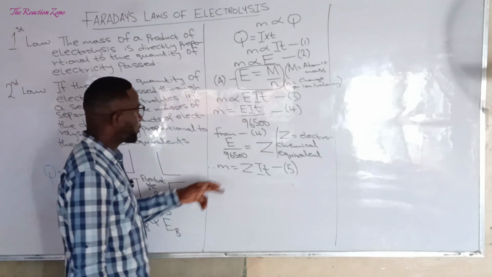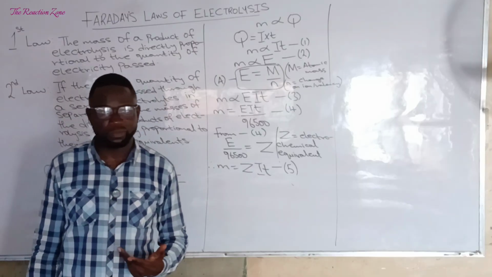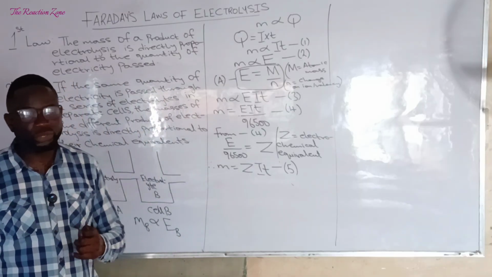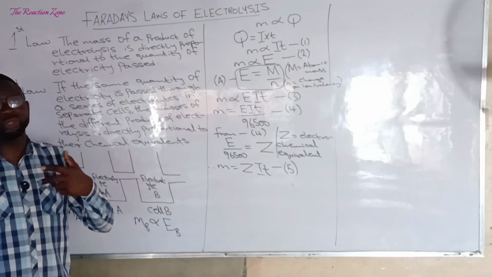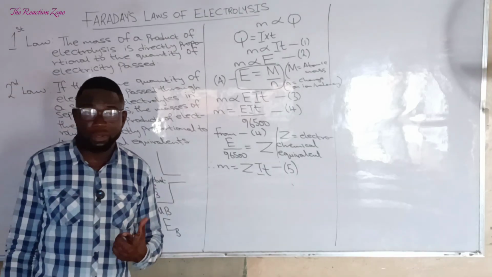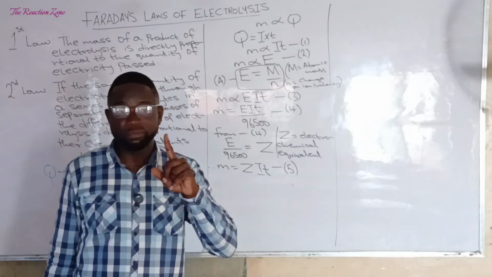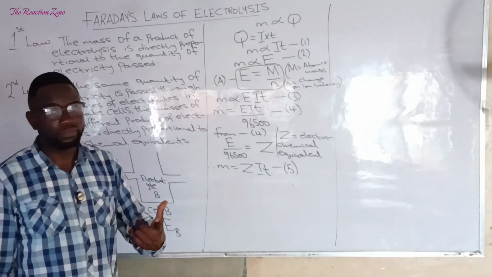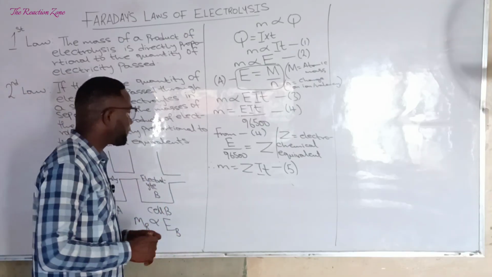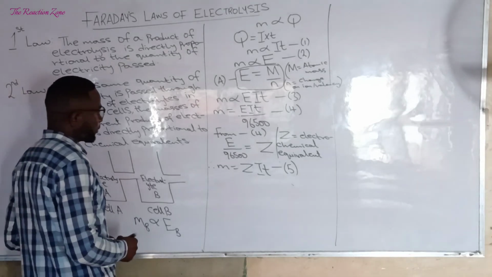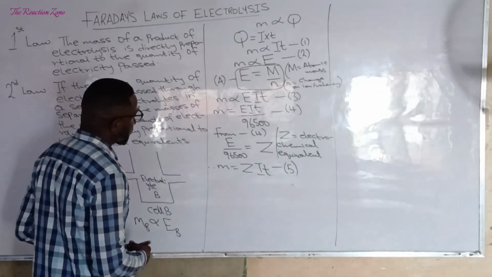Whereas Z, which is the electrochemical equivalent, simply refers to the mass of a product of electrolysis that is formed when 1 coulomb of electricity is passed. So, there are 2 different things. They are not the same. Having said that, we can continue with our derivation.